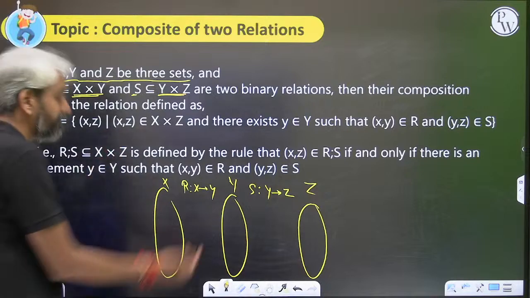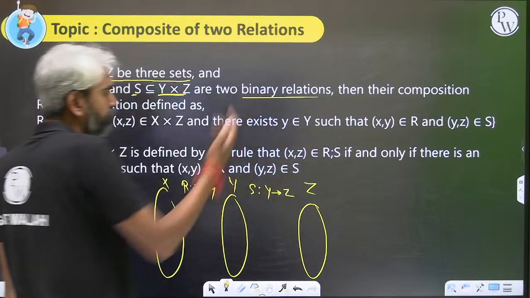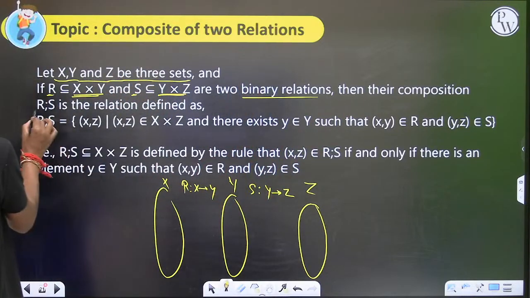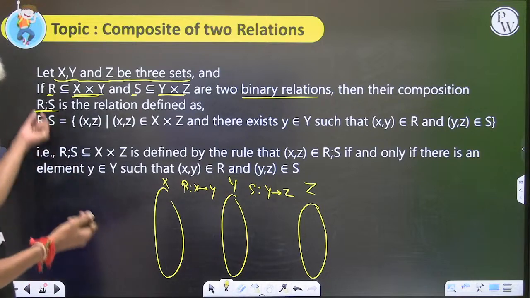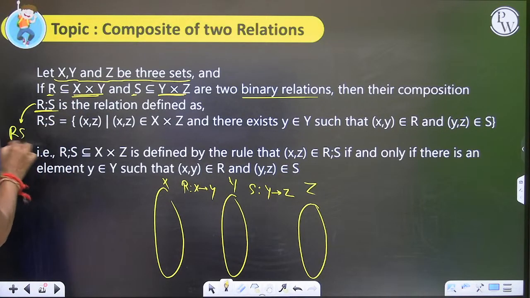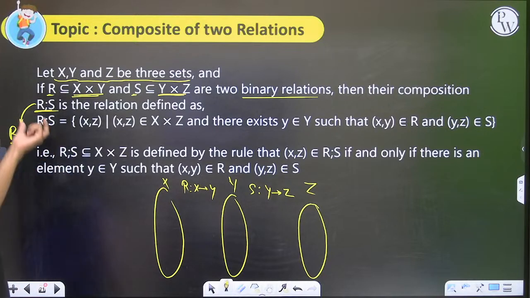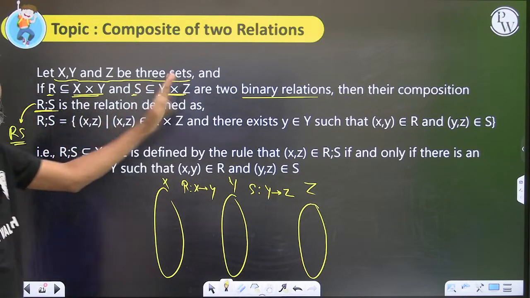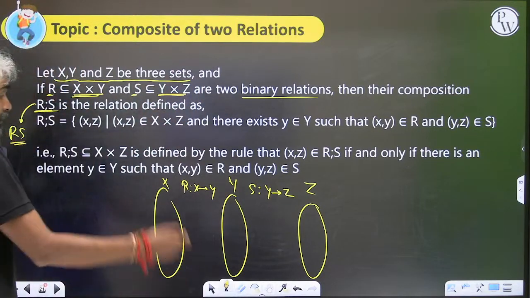Then it says, so these are two binary relations on different sets. Then their composition is denoted using R composite S, or some authors may also write it as R of S, or RS simply. Sir, how do we define the composite relation?